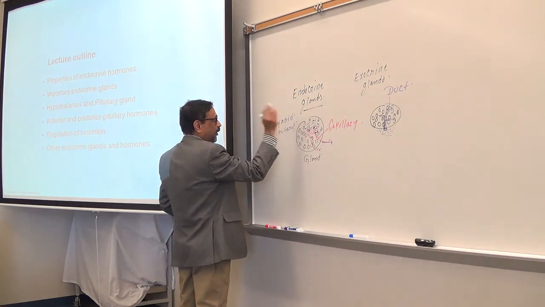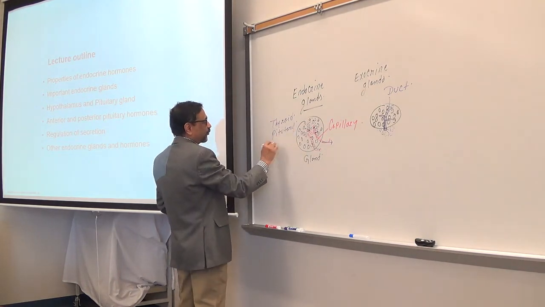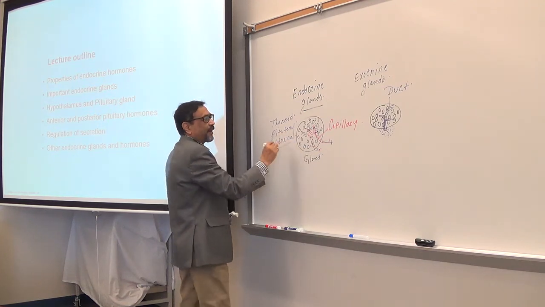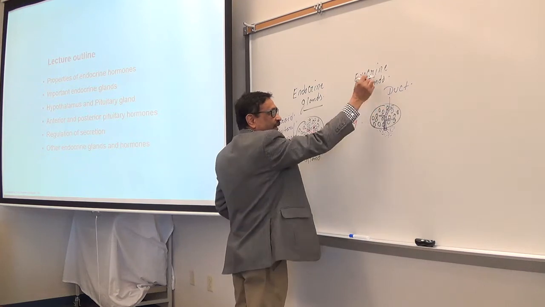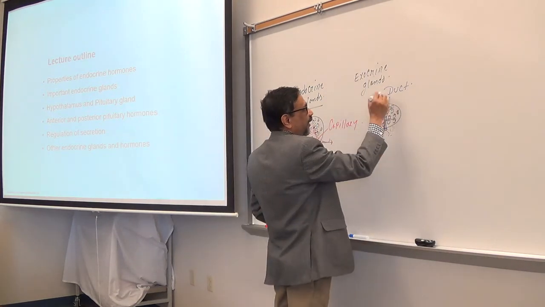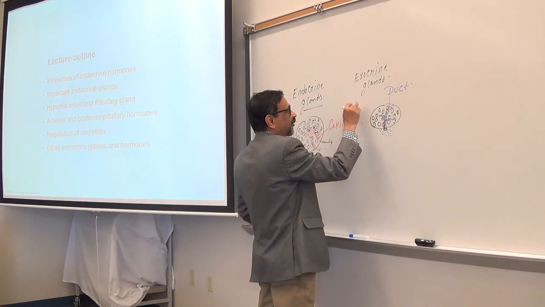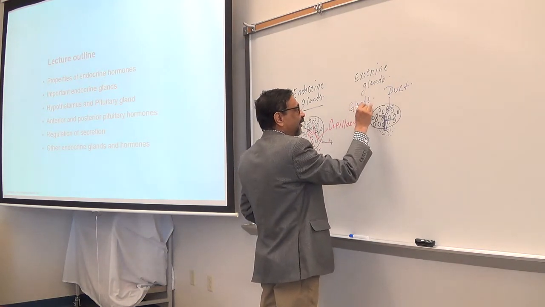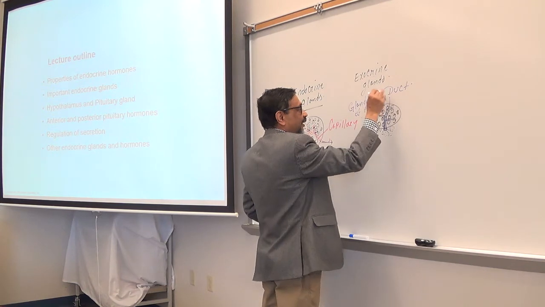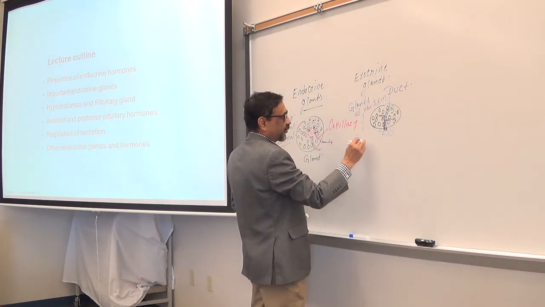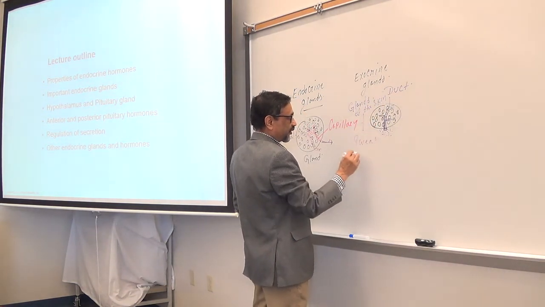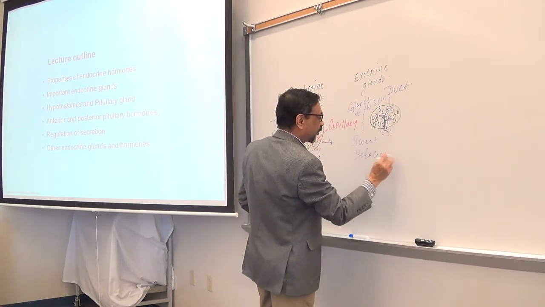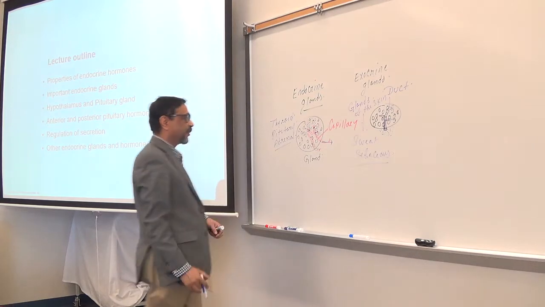I'll just give you a couple of examples. Adrenal gland. Okay. Examples of exocrine glands: glands of your skin. You know, skin has sweat glands, sebaceous glands, right? So those are exocrine type glands.